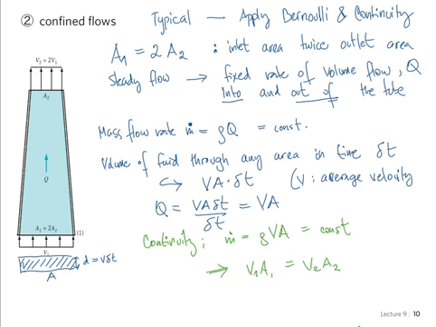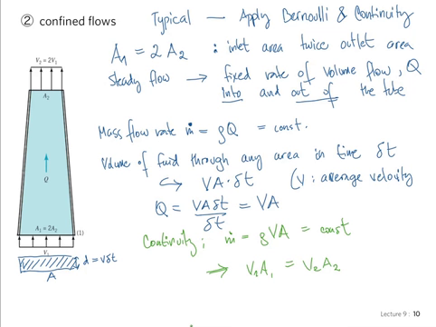This should be no surprise. We've already discussed the conservation of mass for a control volume, and basically we can look at this pipe as a control volume, and this is the simplest form of 1D steady conservation of mass.